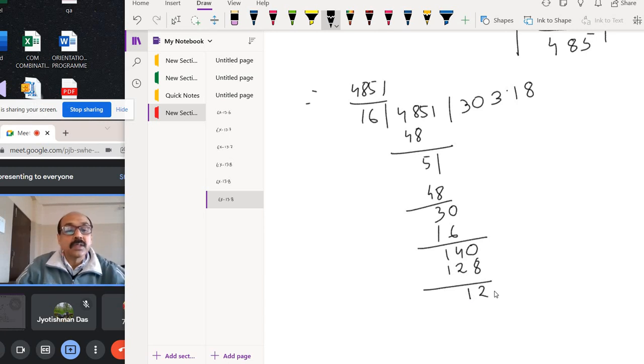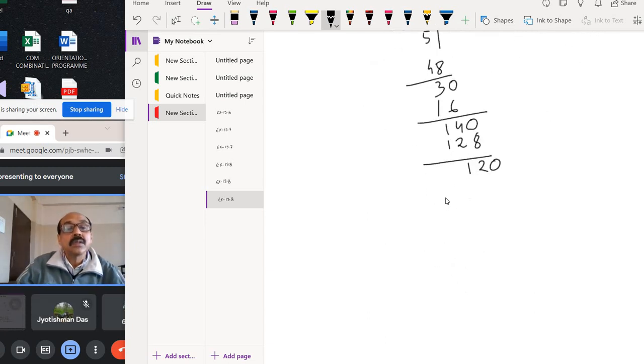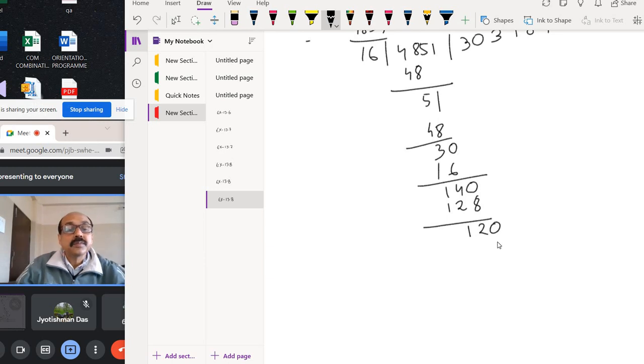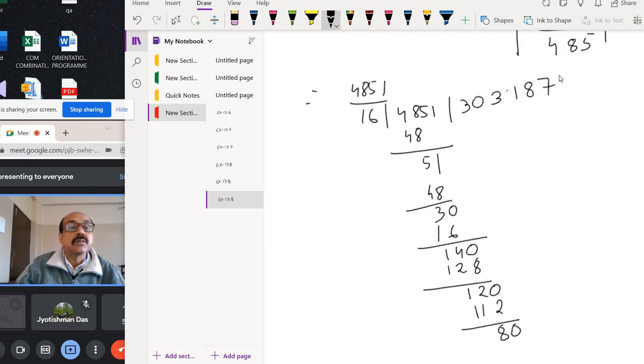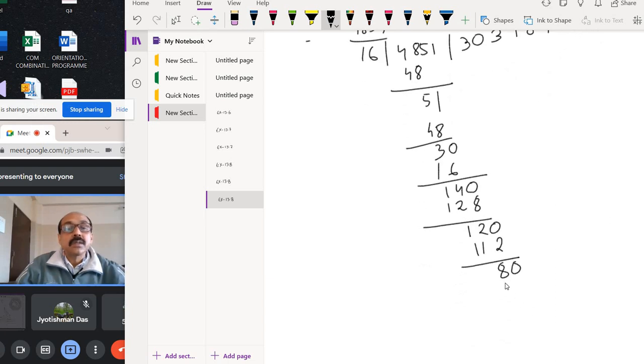Take one more 0, 120, 7 into 16, 112, remainder 8. 80, 5 into 16, 80.